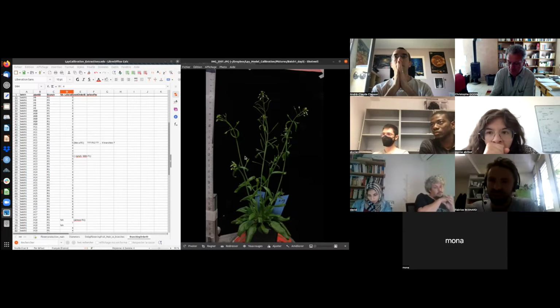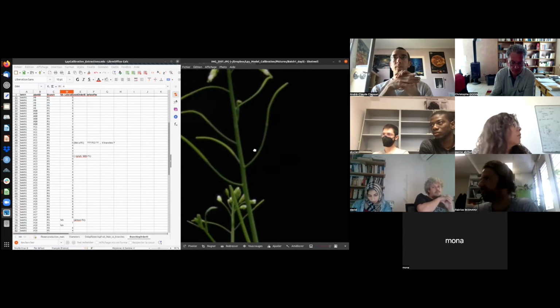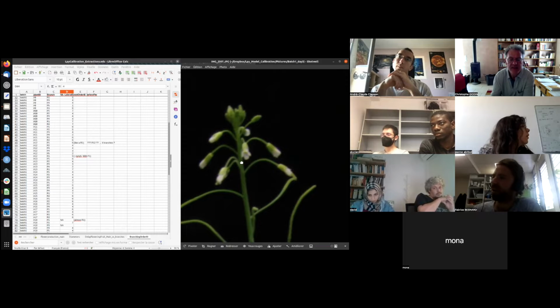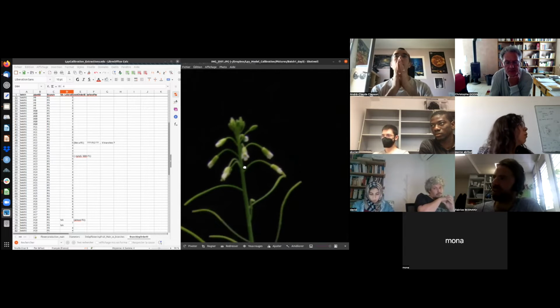We are not completely satisfied, because even if you scale the flower, the final growing virtual Arabidopsis does not necessarily look like the real one.